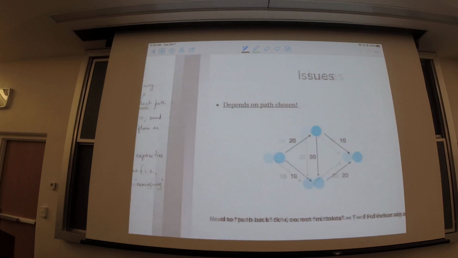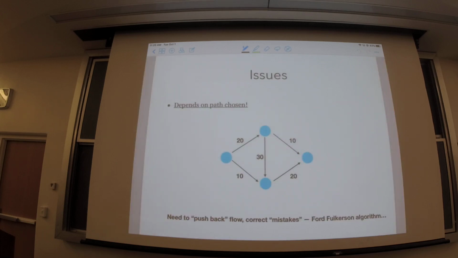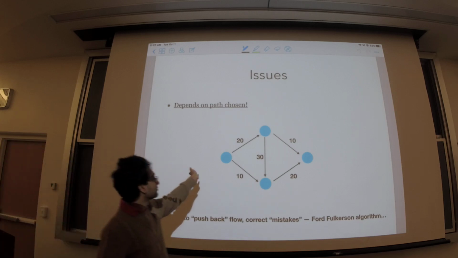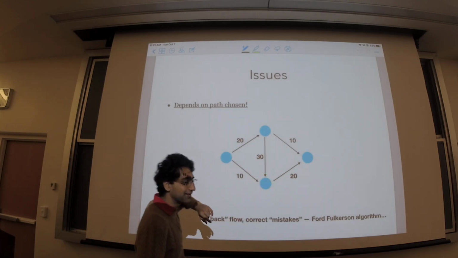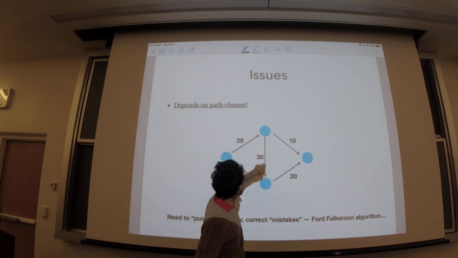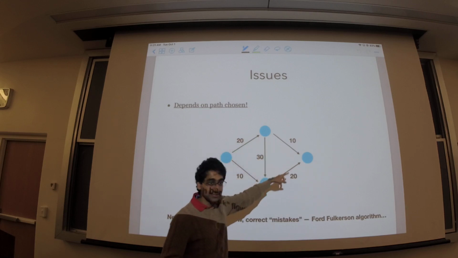Generally, it turns out that the choice of path matters. I was suspecting people would say find a path that would allow the most amount of flow. In this case, that would be something that sends 20 along this path.